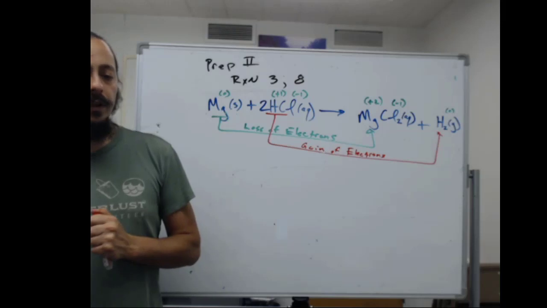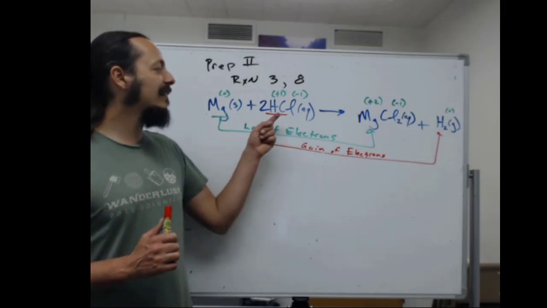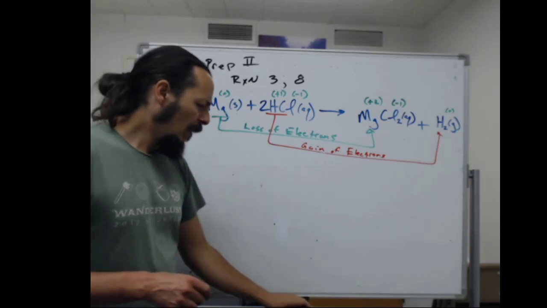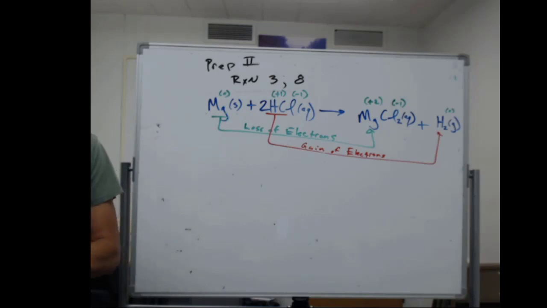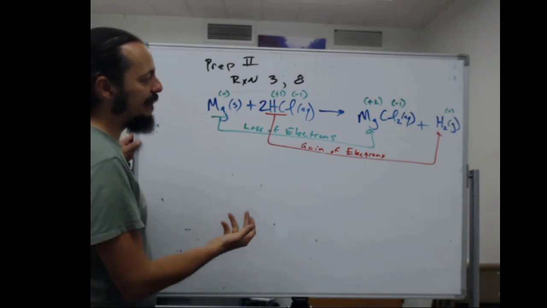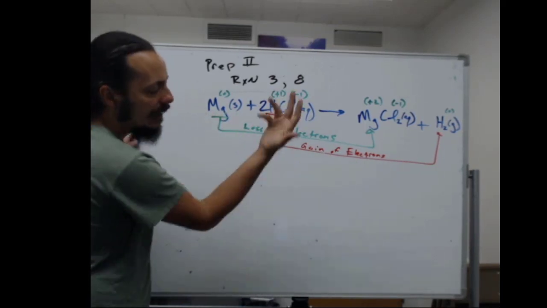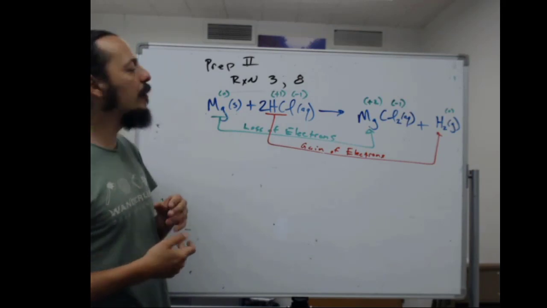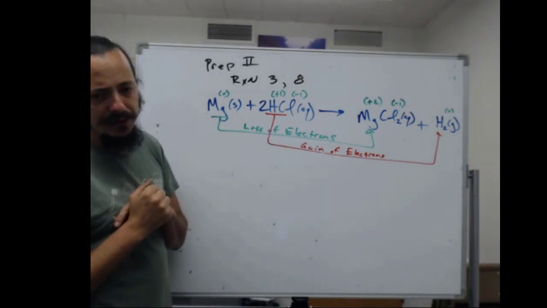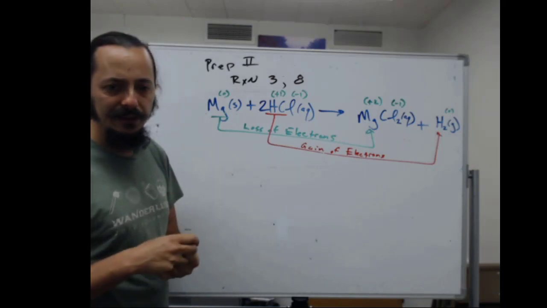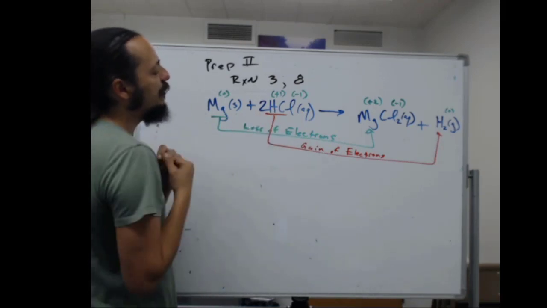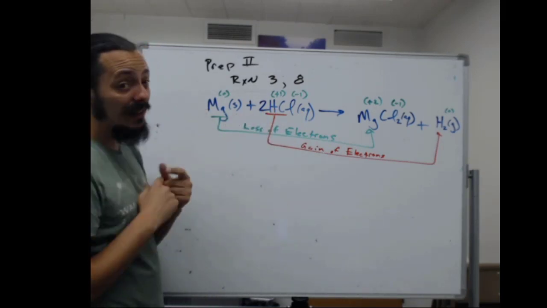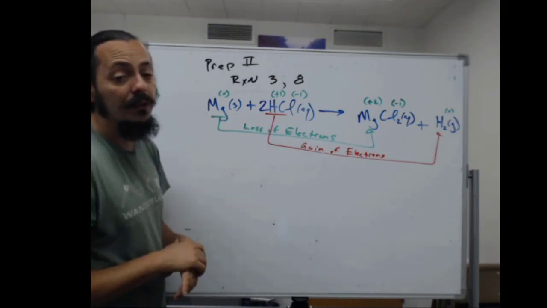We could, if we wanted to go further in our chemical understanding, make sense of this through the electronegativity difference between hydrogen and magnesium and chlorine with a minus charge. And we could say, well, is magnesium going to rip electrons off of chlorine? And you're going to say, no, chlorine's too electronegative. It's going to pull electrons towards it. It's already got negative charges. Hydrogen versus magnesium, it turns out hydrogen's more electronegative, and it can rip electrons off of magnesium.